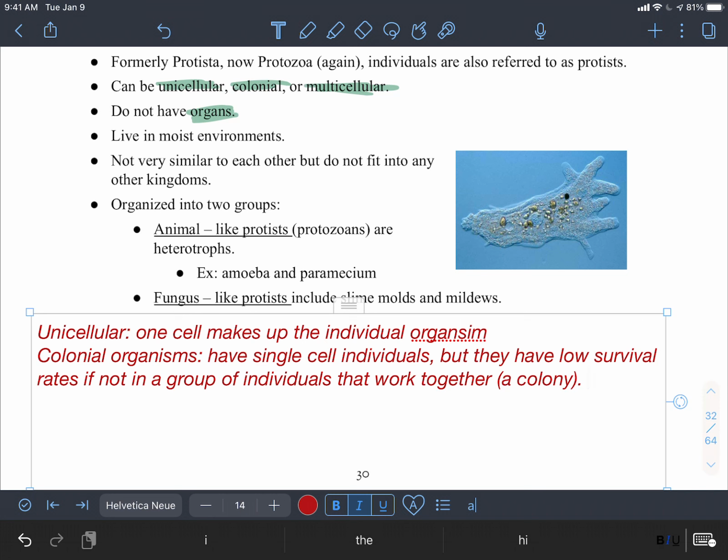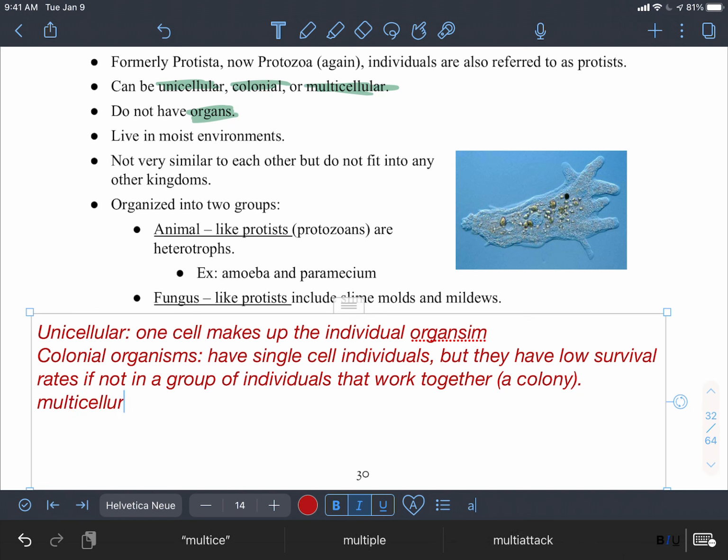Colonial organisms and the protists, they are these sort of groupings of single cells, each technically an individual, but if you took one cell and threw it out in the ocean by itself, it likely would not be able to gather food efficiently. By working in a colony, those cells can function together and do some of those tasks together.